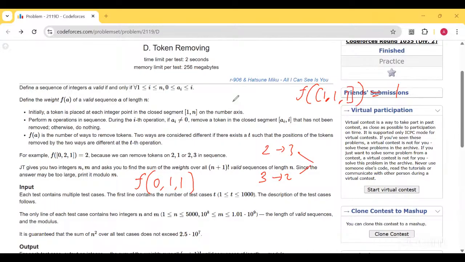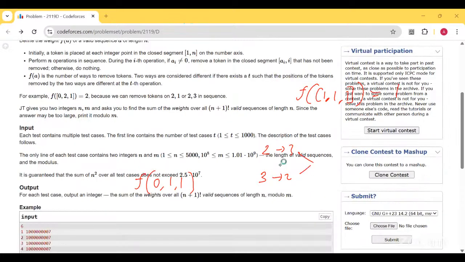Okay, yes. The number of ways is 4, because for this there are two options, either removing one or removing two, and for this again there are two options, either removing two or removing three, or here either removing one or removing three.